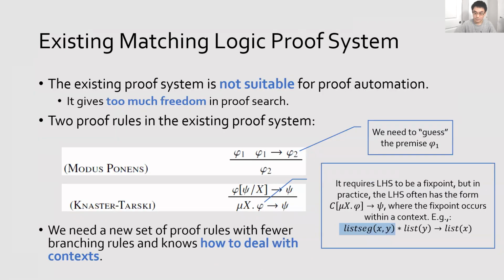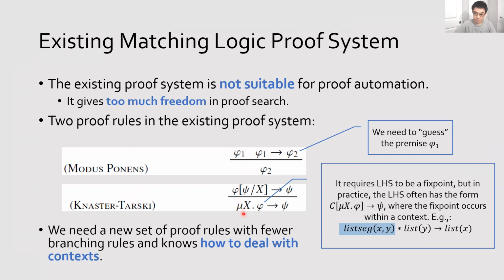Besides the syntax and semantics, matching logic has a Hilbert-style proof system. However, that proof system is not suitable for proof automation because it gives us too much freedom in proof search. For example, there are two rules in the proof system, the modus ponens and Knaster-Tarski. The modus ponens rule requires us to guess a premise phi.